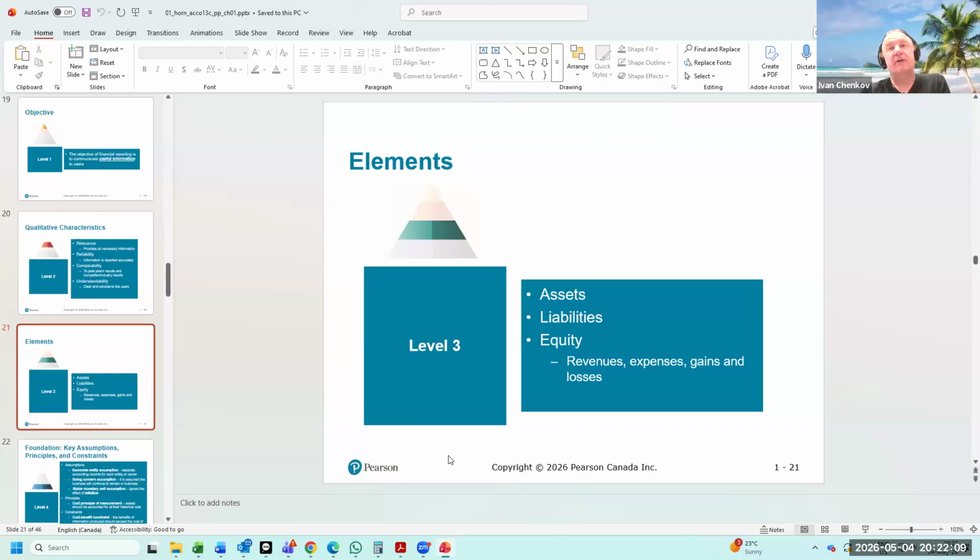In terms of that, you have to have elements. Which are the elements? The elements are assets, liabilities, and equity. We're going to see later on what an asset is, what a liability is, what equity is, and what's in the equity. But briefly, in the equity you're going to have revenue, expenses, and gains and losses.